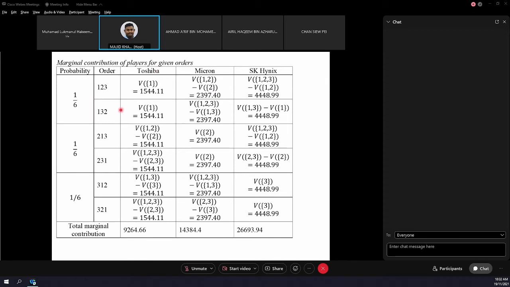Okay, because you start from the first player and the first row here refers to the first player. The second one refers to the second player, which is V2. But do remember, we need to do it according to the order.